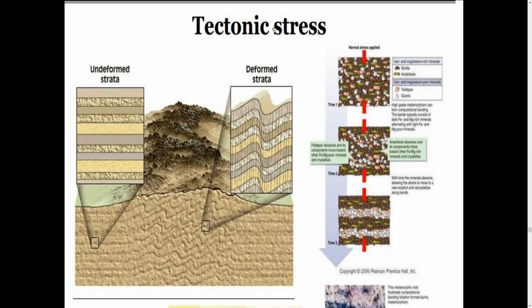Should there be tectonic stress of some kind here, you expect that now this would become deformed. You see here, it was not deformed because everything was just nicely piling up on top of each other. But here, because of that tectonic stress, now everything is deformed. And I'm pretty sure many of you have seen landscapes.